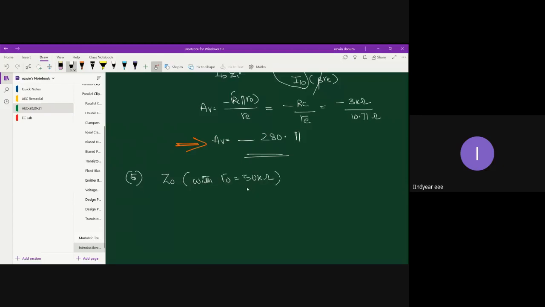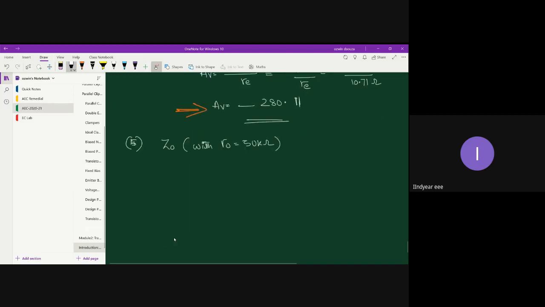What will happen if you take a reasonable amount of output resistance? Z0, once again, is RC parallel with R0. That implies RC into R0 divided by RC plus R0. 3 kilo into 50 kilo divided by 3 plus 50, which is 53 kilo.